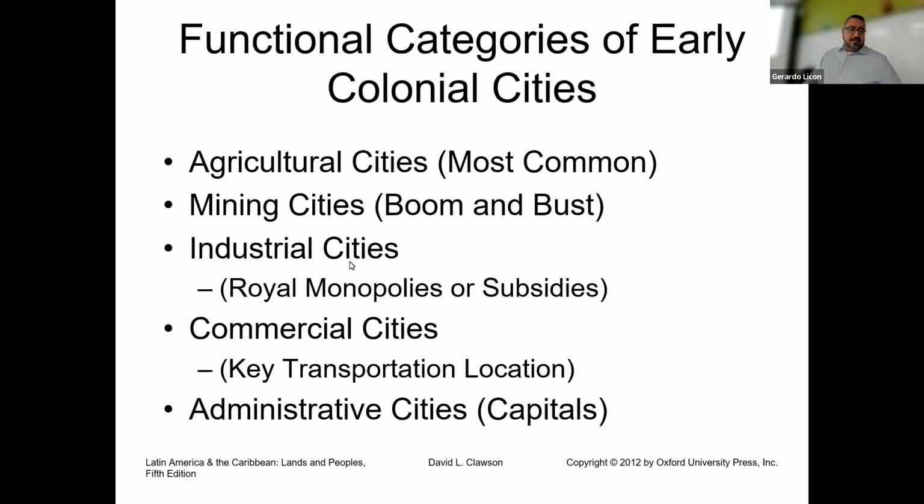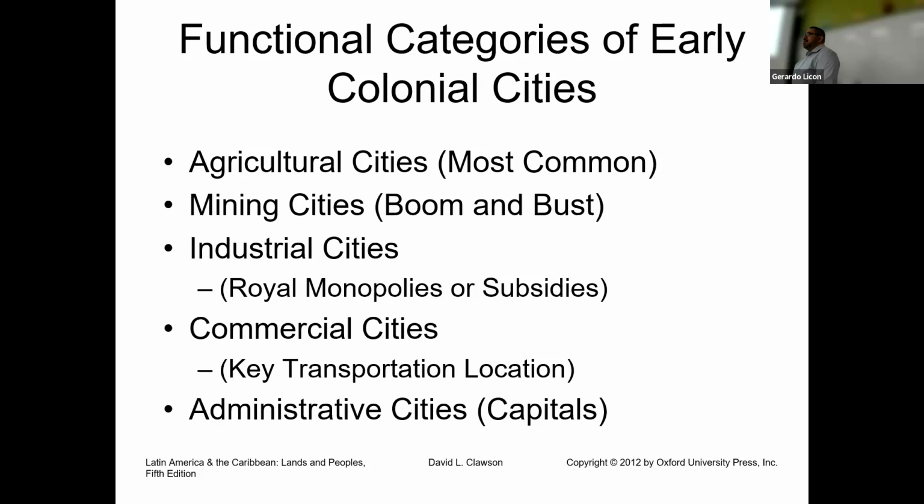Industrial cities tended to exist because they would get monopolies or subsidies to make or to sell something. Commercial cities tended to exist because of their location, because they were at a key location for commerce.